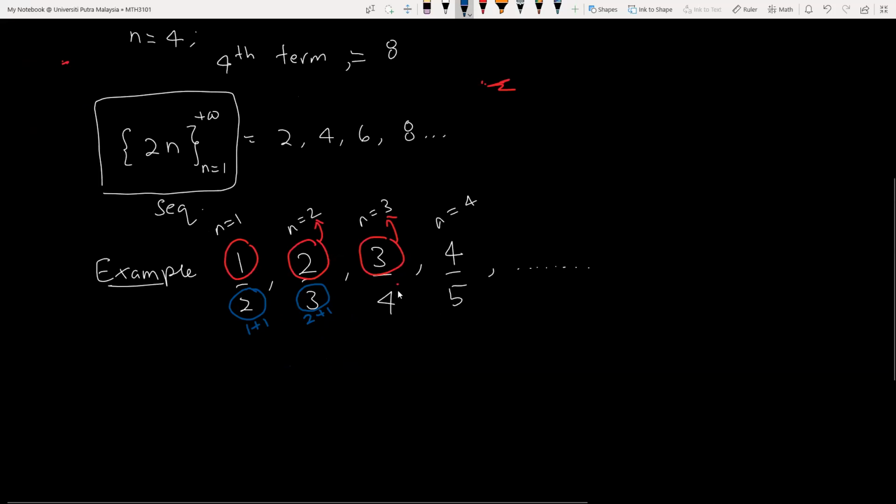Okay, let's see. So this is 4, and 4 is 3 plus 1. So kalau awak tengok dekat dia punya formula ni, if you look at this formula, this looks like n over n plus 1. So this is the formula.